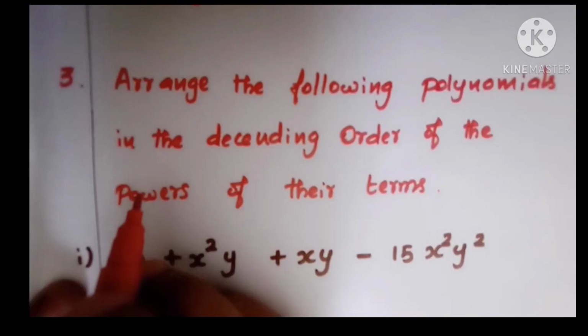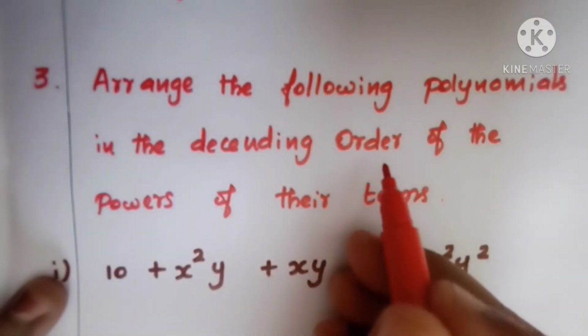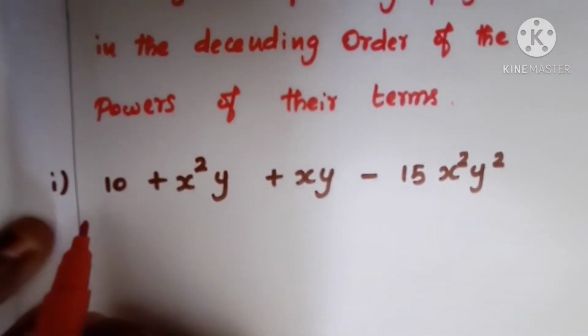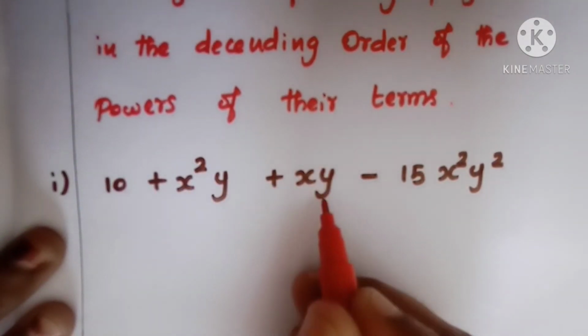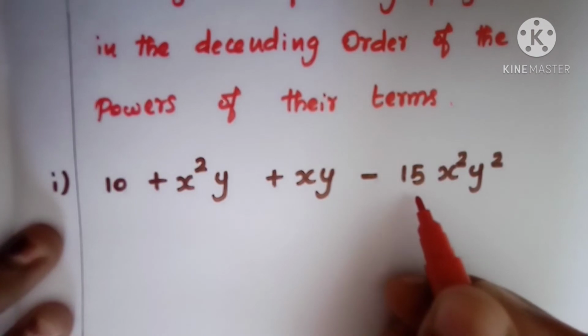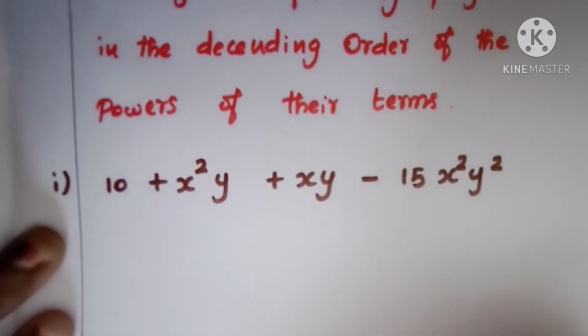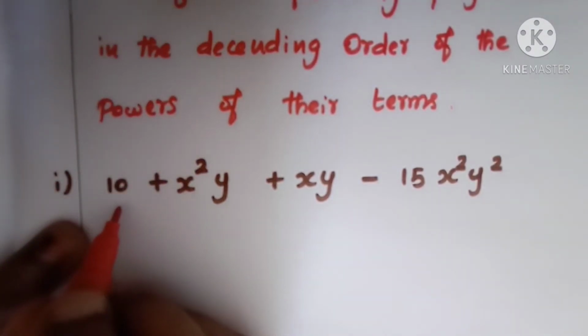Third Roman letter. Arrange the following polynomials in the descending order of the powers of their terms. 10 plus x square y plus xy minus 15x square y square. First you have to find out the degree of each term. The constant term has no degree.